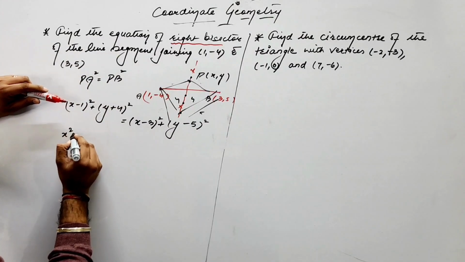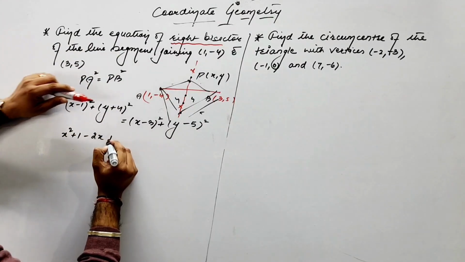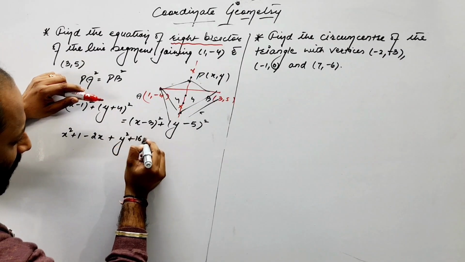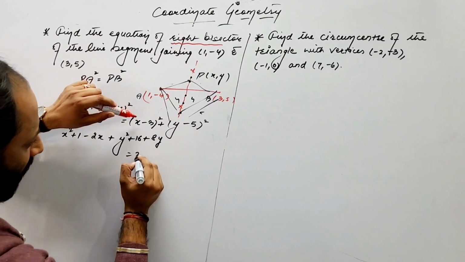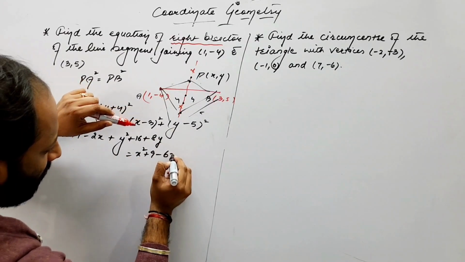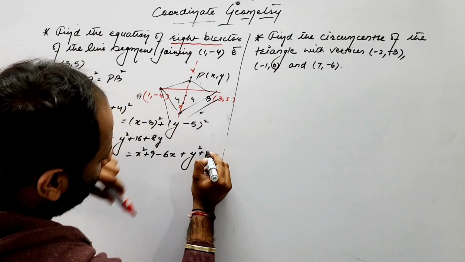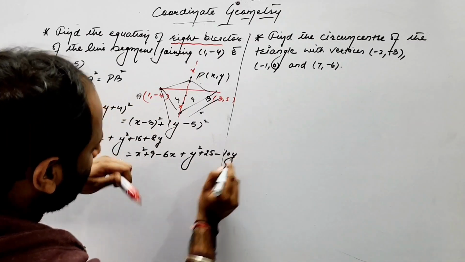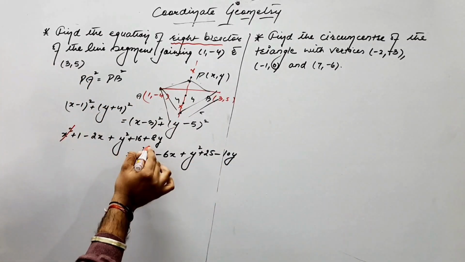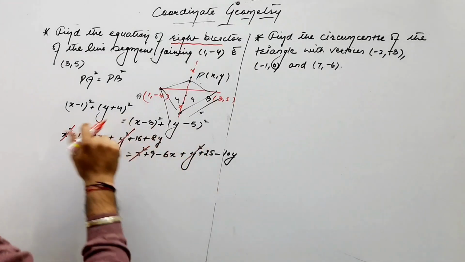Using (a minus b) whole square equals a square plus b square minus 2ab, and (a plus b) whole square equals a square plus b square plus 2ab, we expand both sides. x square with x square, y square with y square cancel.